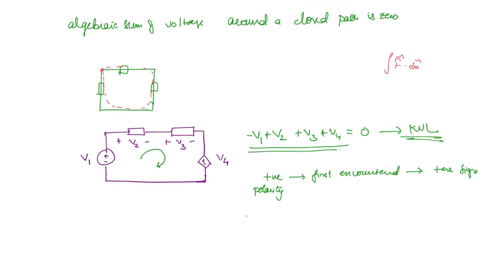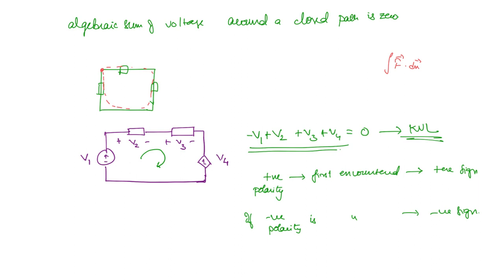If negative polarity is encountered first, then you take the negative sign. You can use the other way also; it all depends on how you want to take it. Here you have taken a clockwise direction. You can take counterclockwise also.